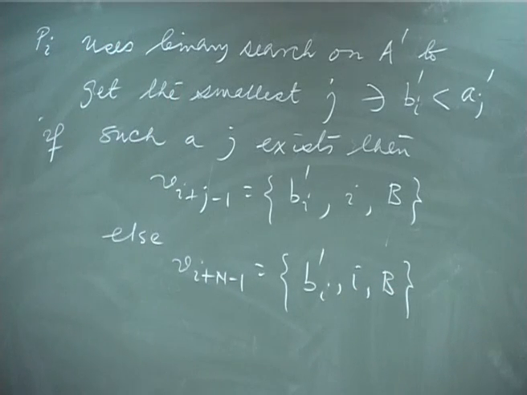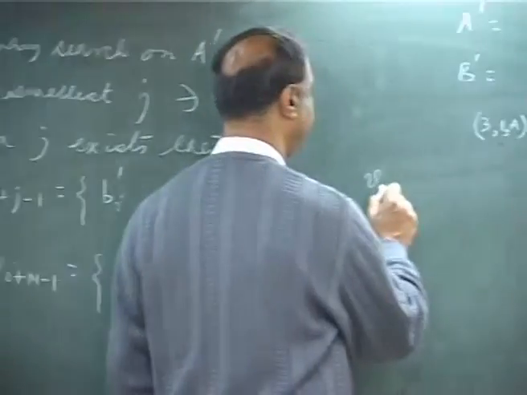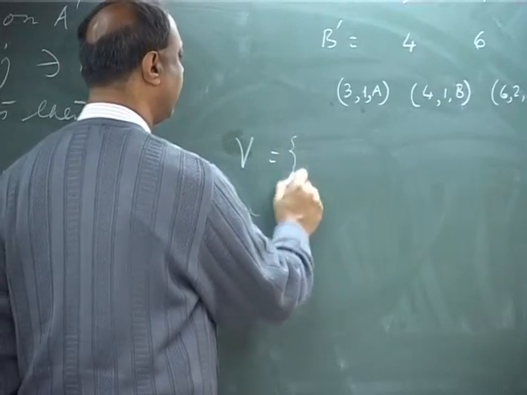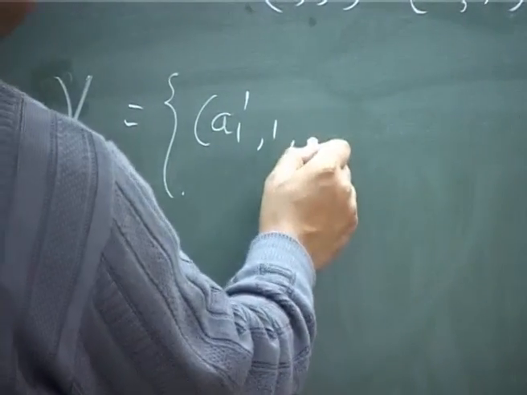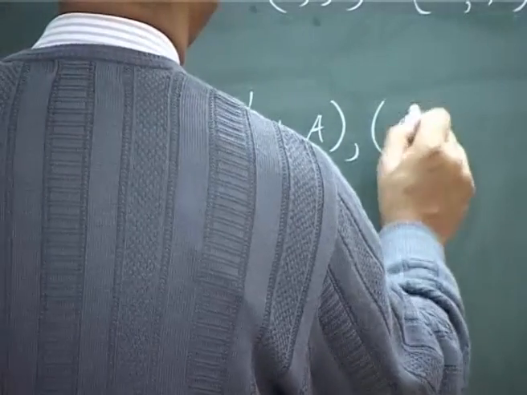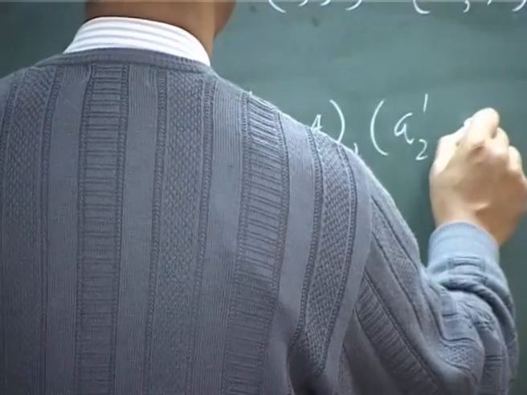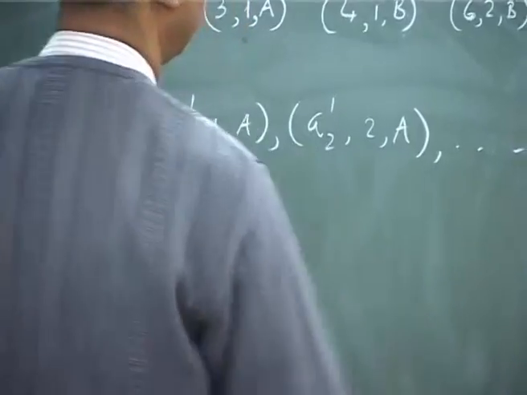So you got that merging of two sequences A' and B'. Now once you know the V sequence, which contains information like maybe A1', then maybe A2', and like that.